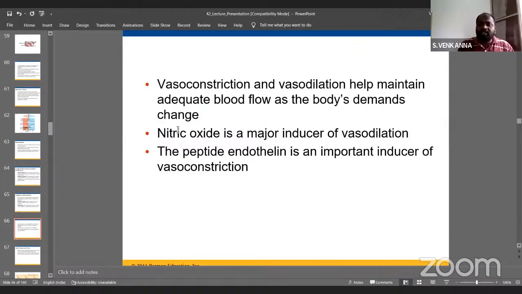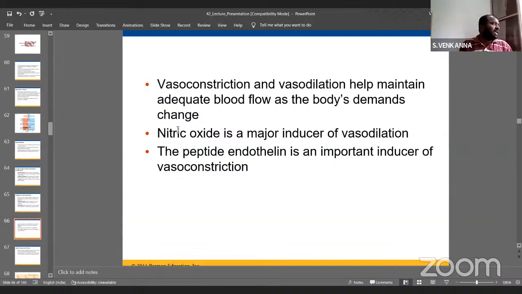Then vasoconstriction and vasodilation help maintain adequate blood flow as the body's demands change. Nitric oxide is a major inducer of vasodilation. The peptide endothelin is an important inducer of vasoconstriction.